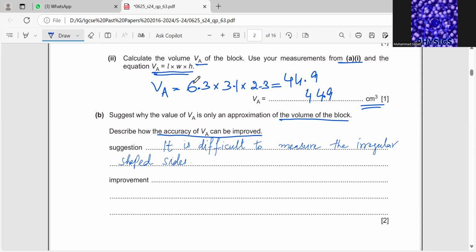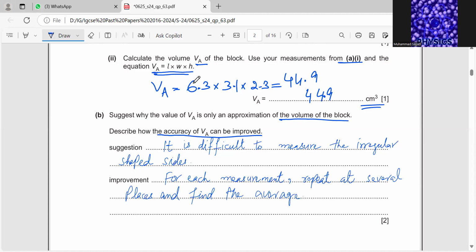For each measurement, repeat at several places and find the average. That will be comparatively accurate.